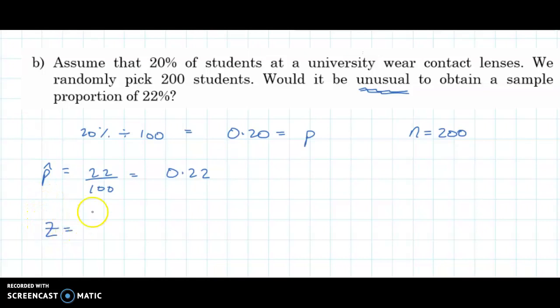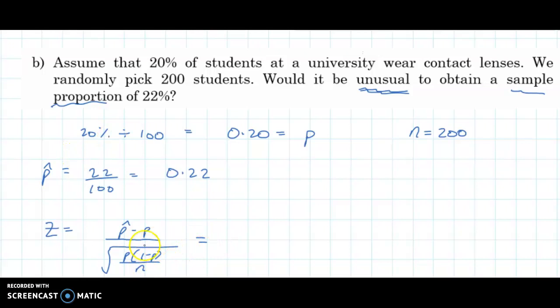So for this particular setup, when you see the words sample proportion, the Z score is going to be equal to P hat minus P, divided by the standard error, which is the square root of P times 1 minus P, over N, in the bracket there.